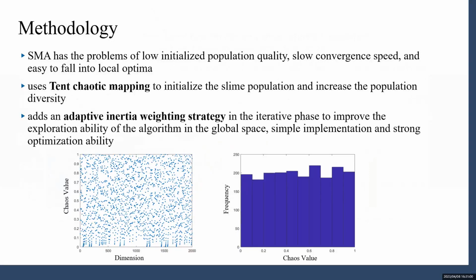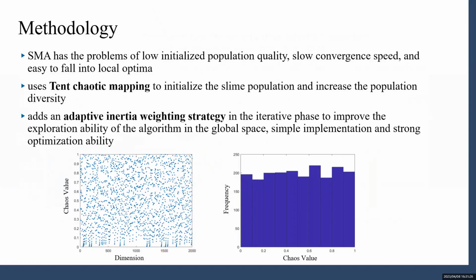to initialize the slime population and increase the population diversity. From the distribution plot of the chaotic sequence, the 10th chaotic sequence is relatively more uniform. From the distribution histogram, its values in each distribution segment are relatively uniform.